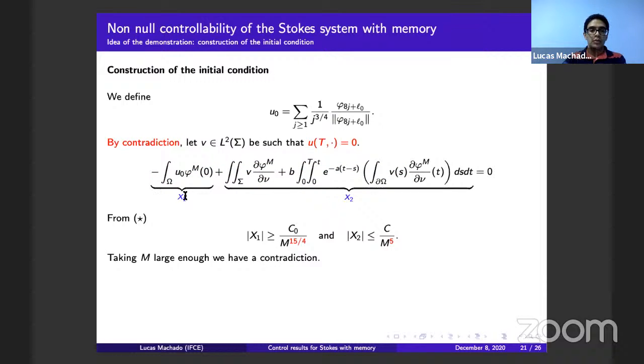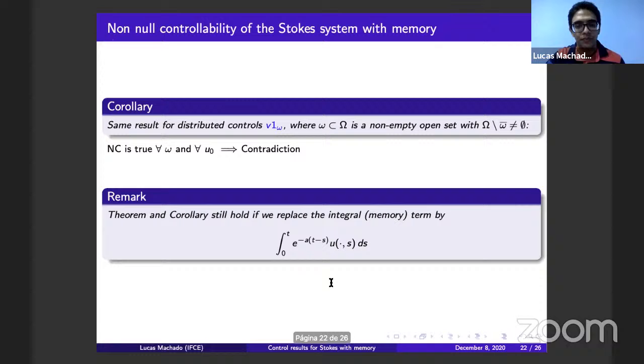Okay, x1 equal to x2, but from star we get these estimates. And again, taking n large enough, we have a contradiction. Then the system is not null controllable.